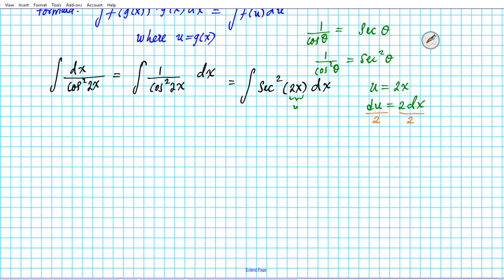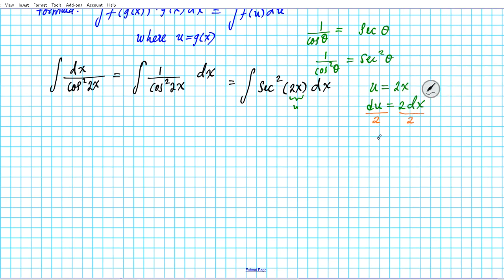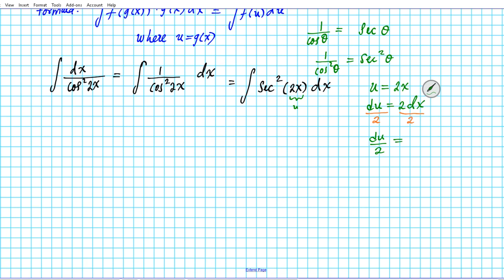Alright, so when we divide both sides by 2, we have du over 2 is equal to dx. Bullseye. That's exactly what we want.